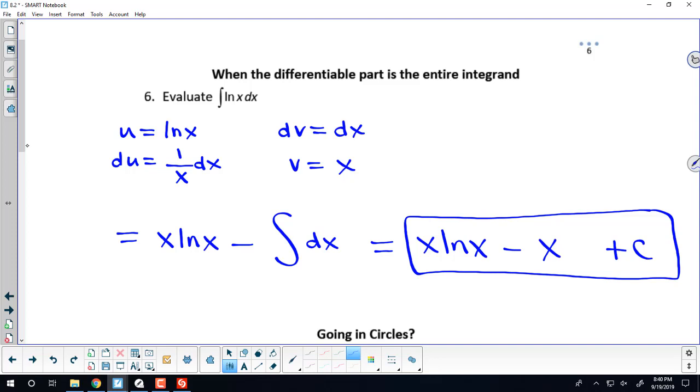I don't know if this is helpful or not. We see that if we keep taking the derivative, we keep getting functions of x. It will never diminish. We just have to recognize that.